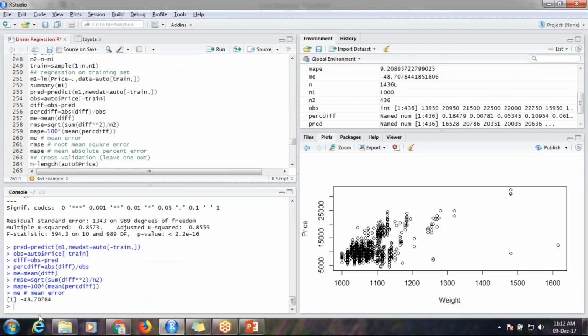So this is my main error. So a good model, or likely a good model, would be where I can minimize my root mean square error, mean error, and mean absolute percentage error. If these parameters are reduced, that will be my better model. R square is also a good measure of significance, of how much variance I can explain. But the main purpose would be how much I can explain, how much I can reduce my error.